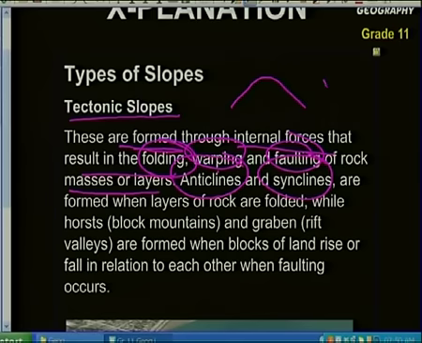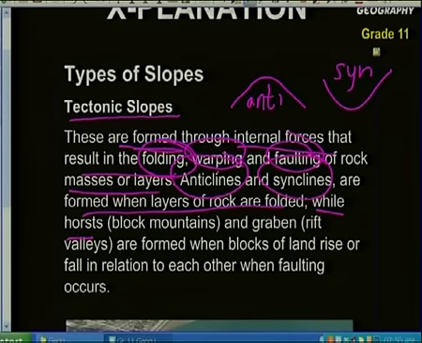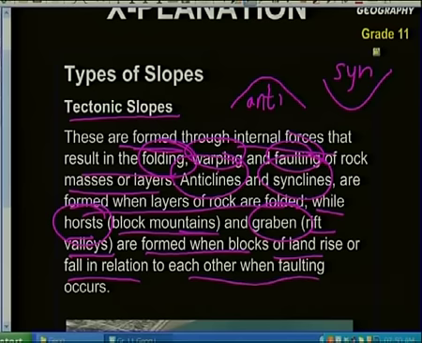A syncline is a downward. Remember, anti, upward, syn, downward bending of the rock surfaces. And these are formed when layers of rock are folded, while horsts, which is another term to describe block mountains, and graben, which is another term to describe rift valleys, are formed when blocks of land rise or fall in relation to each other when faulting occurs.